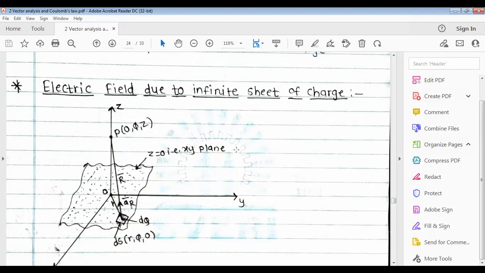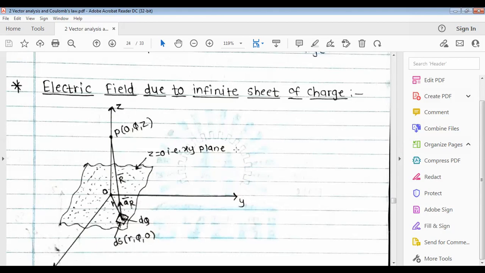Now electric field due to infinite sheet charge. Now sheet means what? Suppose you can consider one paper, just one sheet, and also consider the three axes, that is the Cartesian coordinate system.